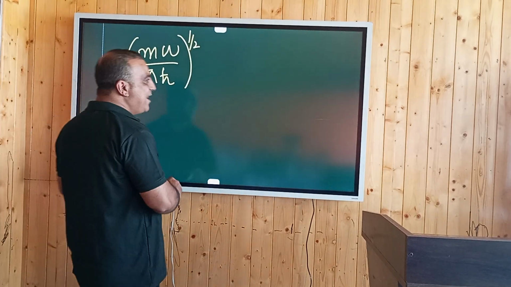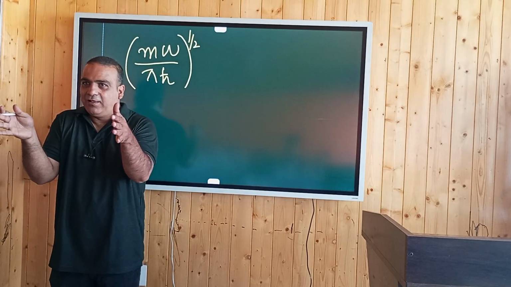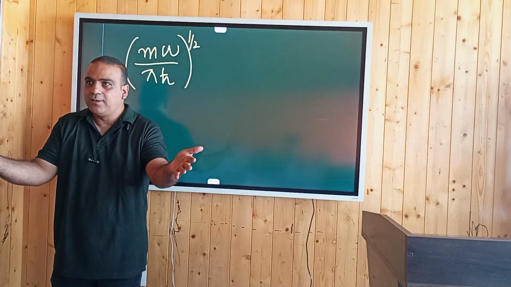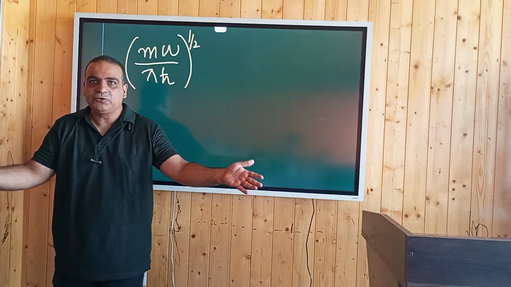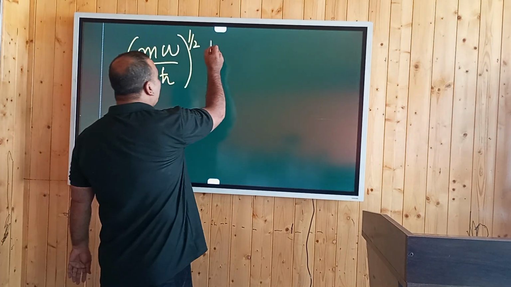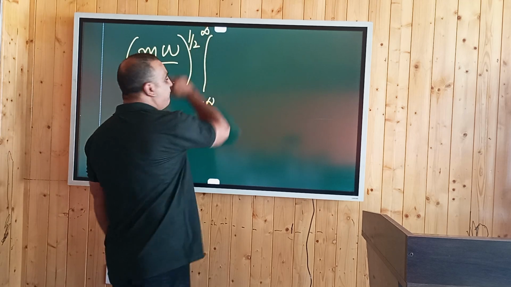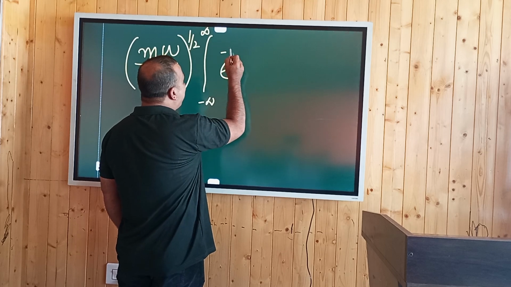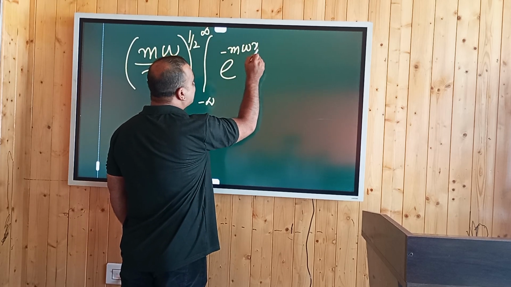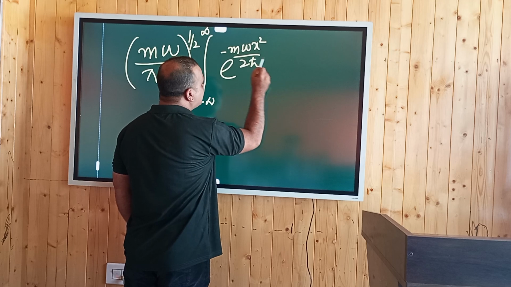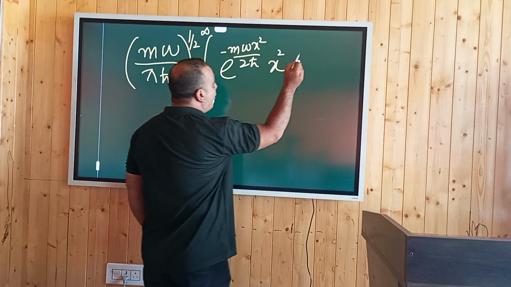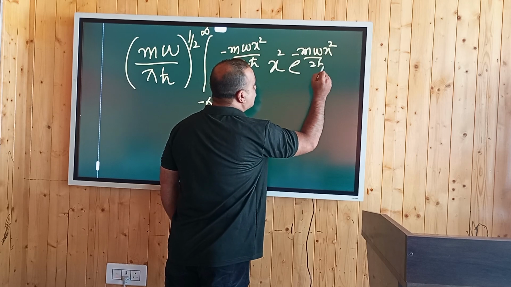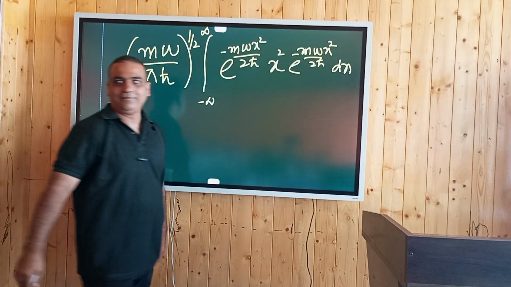Then the rest of the thing I will write in the form of an integral. The limit of that integral will run from minus infinity to plus infinity, because you are solving the problem of the harmonic oscillator. So you will have the integral from minus infinity to infinity of x square e to the power of minus m omega x square by 2 h cross, times another e to the power of minus m omega x square by 2 h cross, and dx. Is this clear?